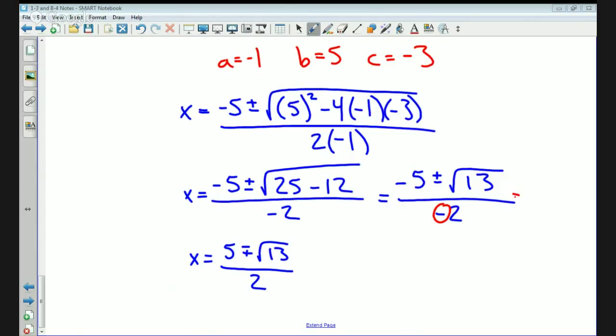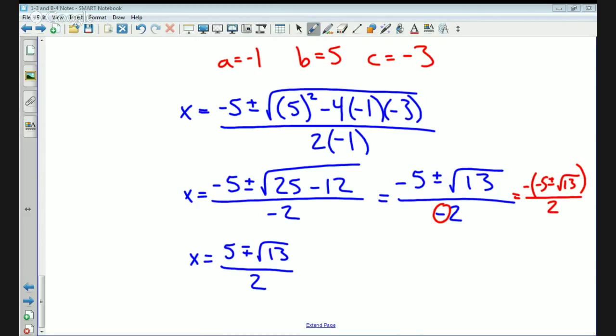So really, this is equal to the negative of negative 5 plus or minus the square root of 13, all over the positive 2. It's an equivalent expression. Distributing that negative in, we get a positive 5. Then the plus or minus becomes a minus plus. The negative with the negative gives us the plus. But it's still a negative and a positive case.